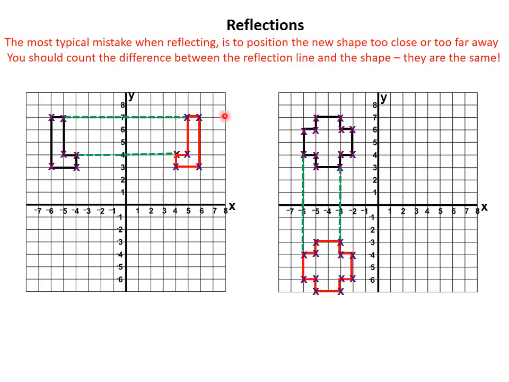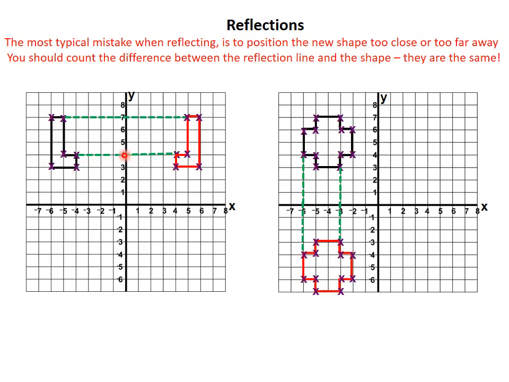So we know that our shape is going to end up over here because that's the mirror line there. And we know that it's going to be the same size and shape as it was before. So the next thing we have to check is that each point is the same distance from the mirror line. 1, 2, 3, 4. I look for the same point over here and I have 1, 2, 3, 4.